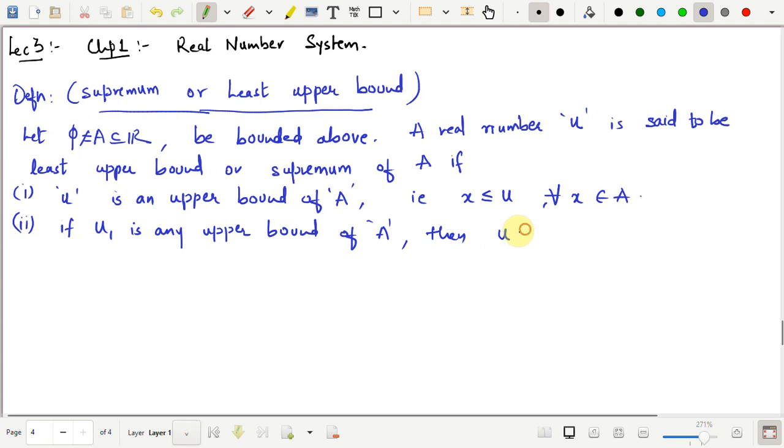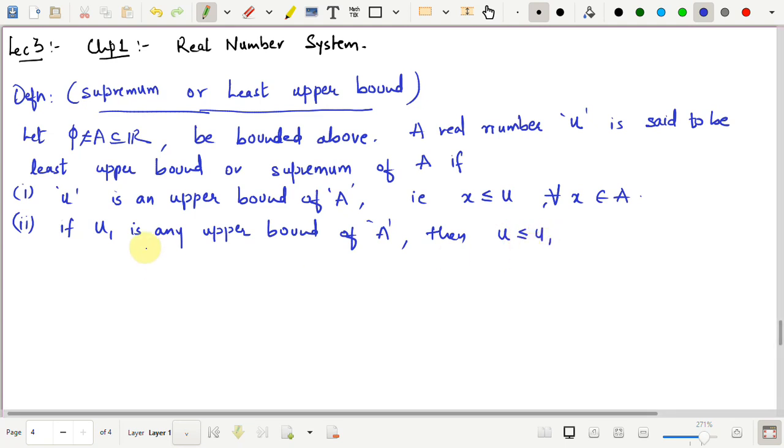So u is less than or equal to u1. What does this second property say? Any other upper bound of A is always greater than or equal to this supremum, and in that case only we say that it is the supremum of set A.